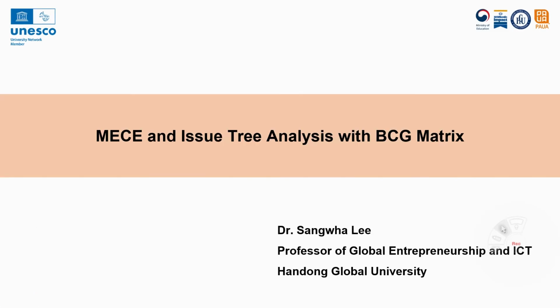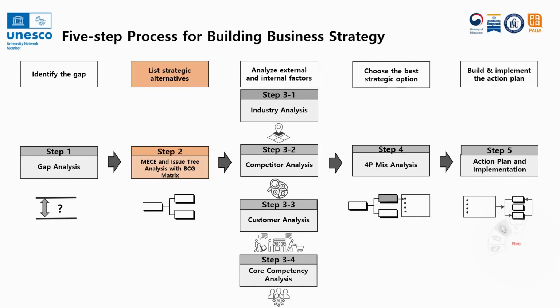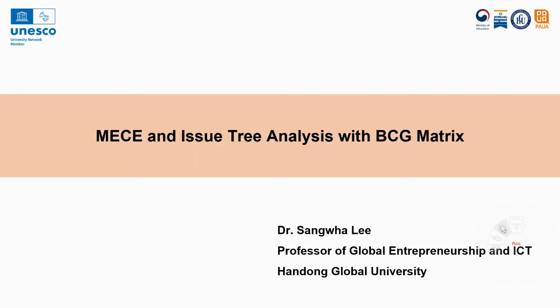The next topic in building business strategy is listing strategic alternatives.